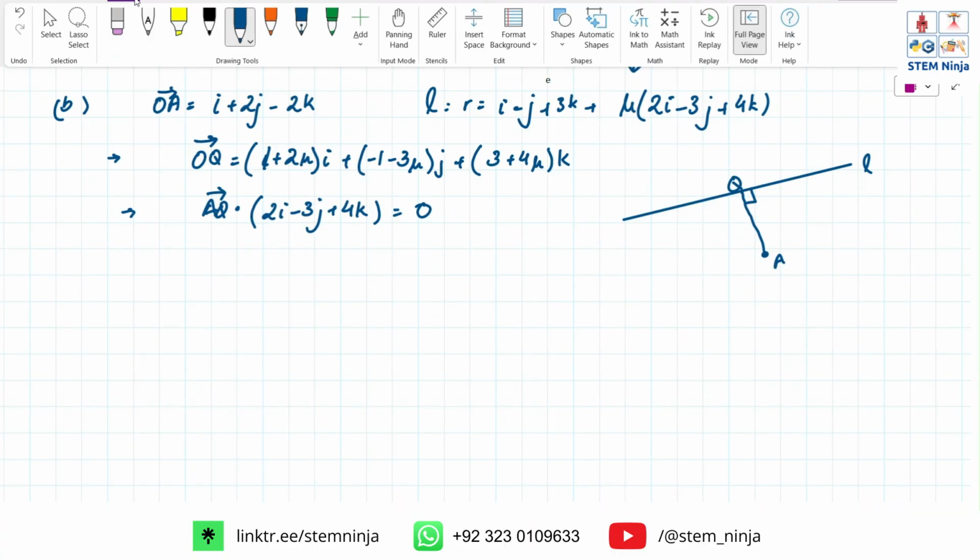So finding the AQ is easy because we have already written this in the parametric form. So this is going to be OQ minus OA.